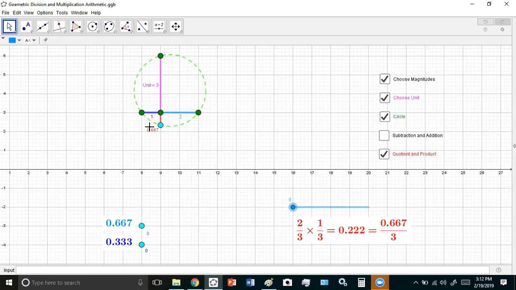And the length of the light blue line is 2/3, and their product is 2/9, which is this red line. So that's 2/3 times 1/3 is 2/9. Okay. Excuse me. So now you see the result down here, 2/9, okay? Or 2/3 divided by 3.